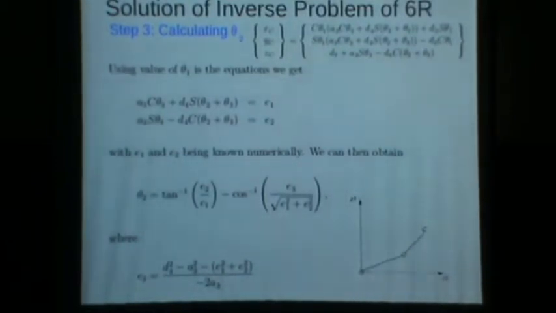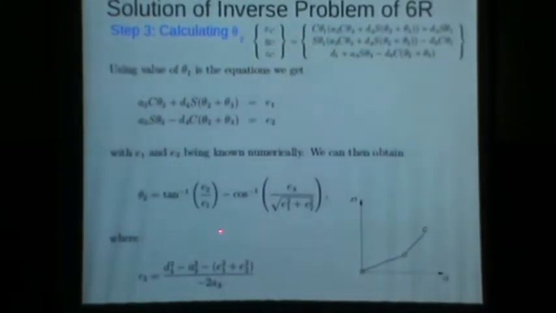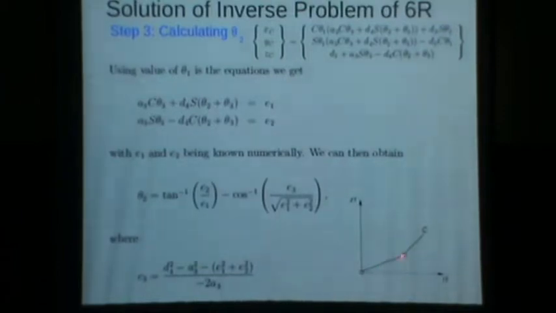What is the outer circle radius? The outer circle radius is the length of this plus the length of this. Can it reach beyond that? It cannot reach beyond that. Similarly, if you fold it up, rotate it and make the angle 180 degrees here, then C cannot reach closer to the origin beyond a certain point.